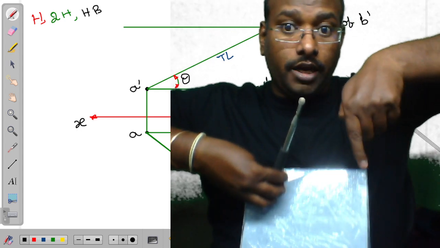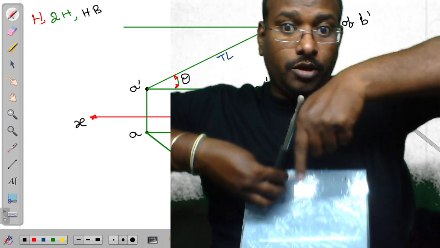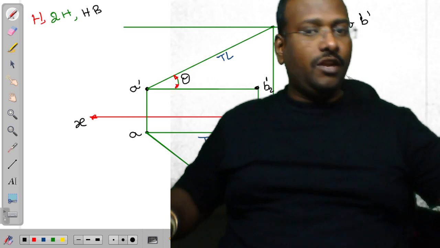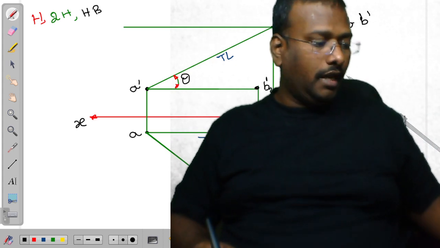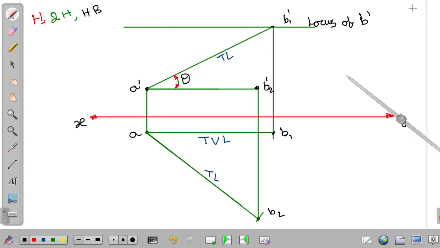So the shadow from B2 is going to travel like this. The same information we can represent in the top view. We are going to draw the locus of B in the top view.